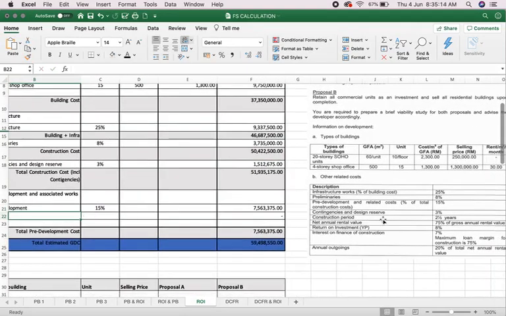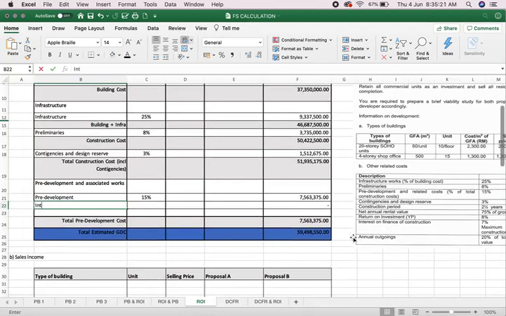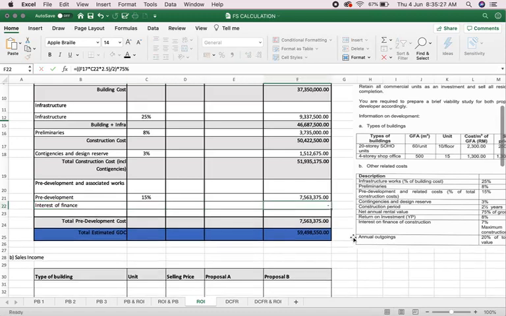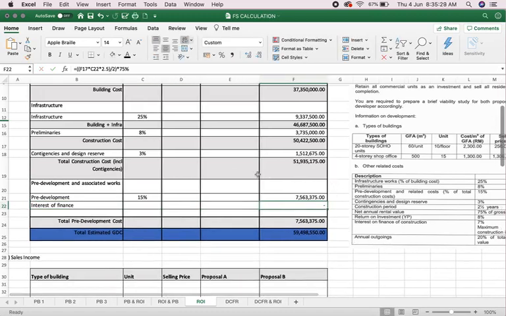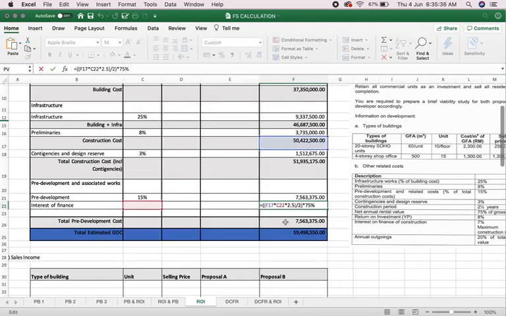Oh no, construction period 2.5, net annual rental, then they have the interest on finance, so we calculate the interest on finance, which maximum is, then we use the formula C22.